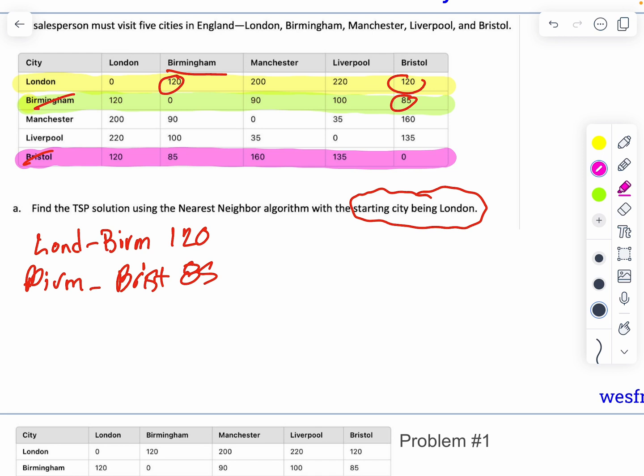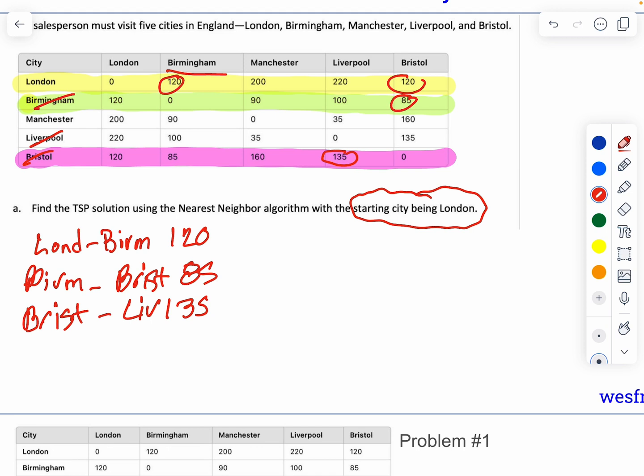So if I look at Bristol to Manchester, that's 160. If I look at Bristol to Liverpool, that's 135. 135 is less than 160, so that's the nearest neighbor. So that's going to be my next leg. It's going to be Bristol to Liverpool, and that's going to be 135. And so now I only have one of my cities left.